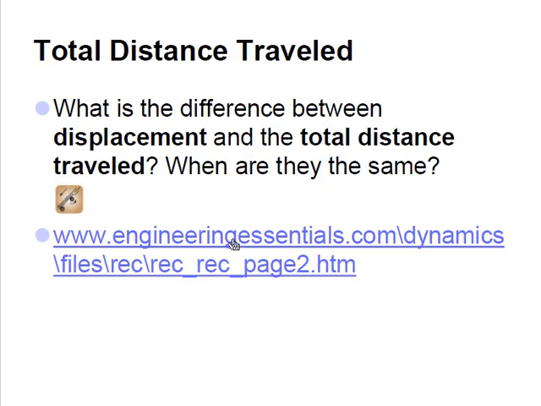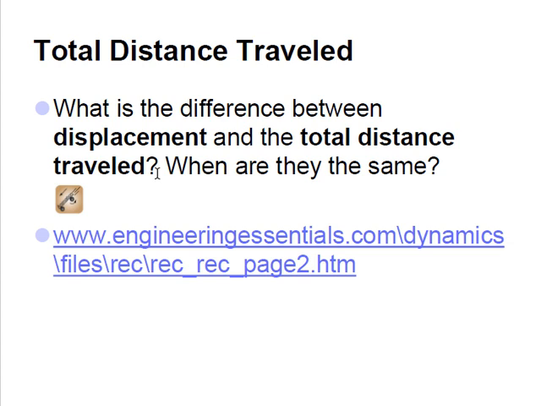So the next thing that you need to know is total distance traveled. You have to understand the difference between displacement and total distance traveled. Displacement, we have just learned, is a straight line difference between where you started, your S initial, and where you ended up, your S final.